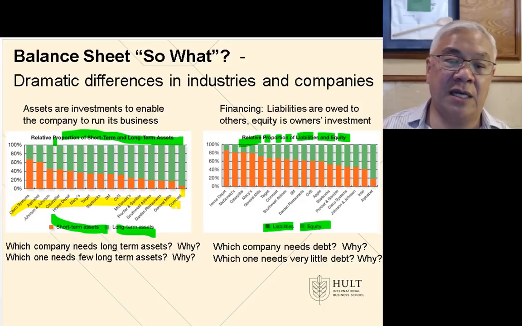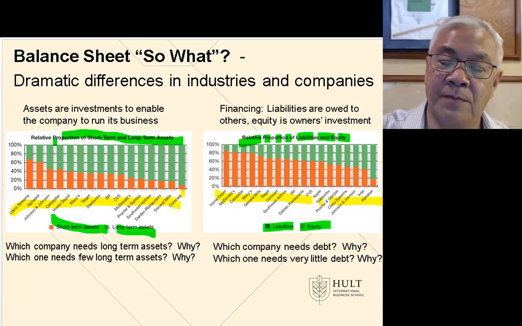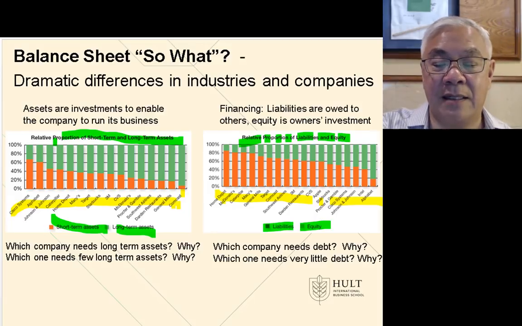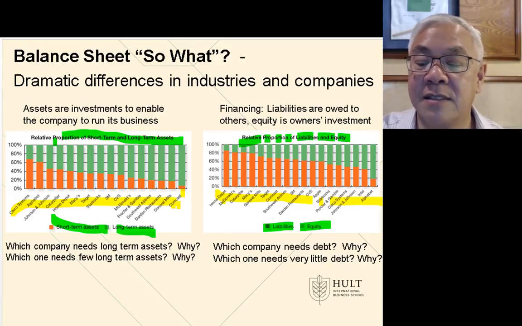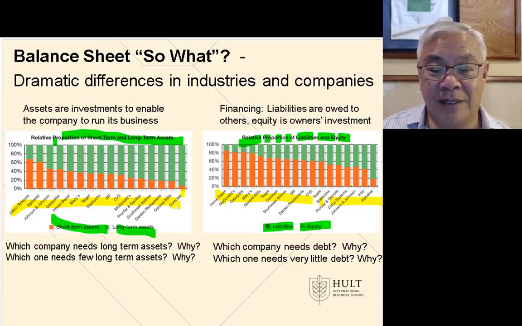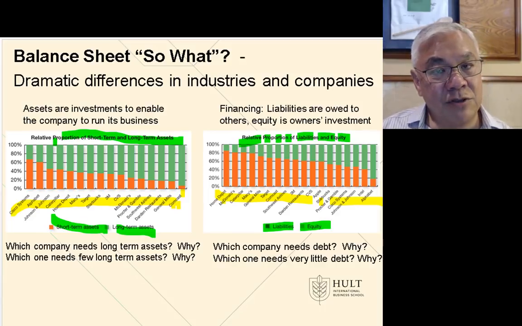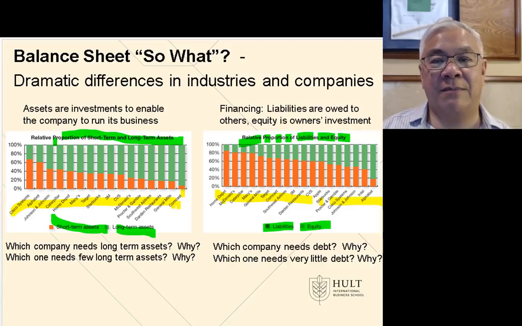So again, when we look at it, the industries vary, with Home Depot having a lot of debt and very little equity, whereas a company like Alphabet, better known as Google, has very little debt and a lot of equity. So again, there's no one right answer to what's the right amount of debt or equity for a company to have. It varies widely by industry.